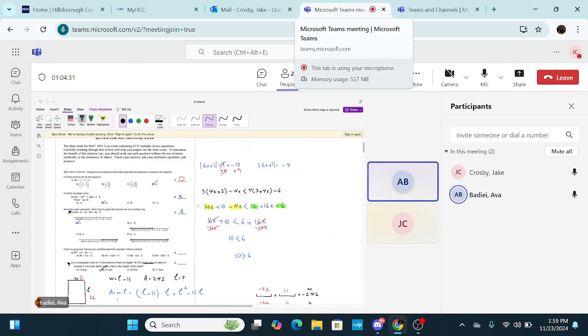Then for f minus g of x, it means f of x minus g of x. F plus g of x, f of x plus g of x. Whatever you see here, you do exactly. So f of x times g of x, and for the other one, f of x divided by g of x.